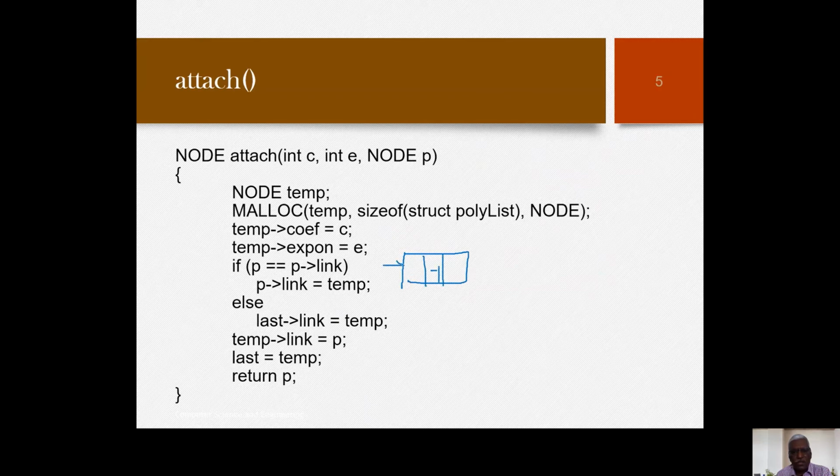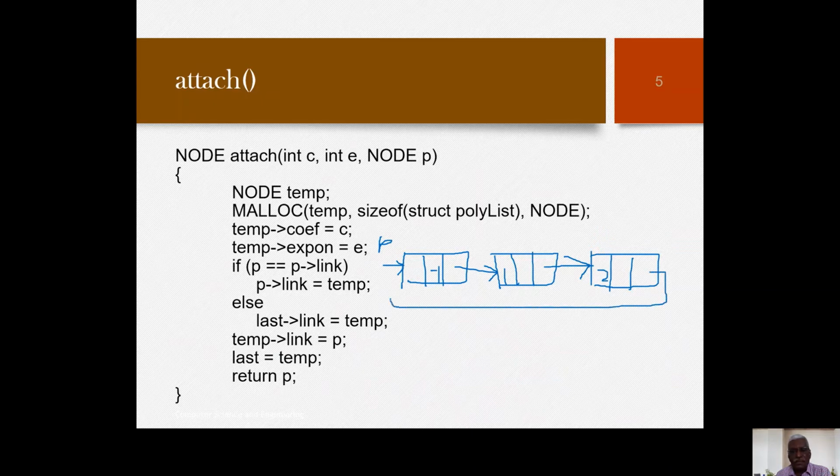So P is pointing to this. Assume that I have already added two terms. So we have this first term and the second term, and so this is my first term, this is my second term, and this is what it is pointing to, the header node.